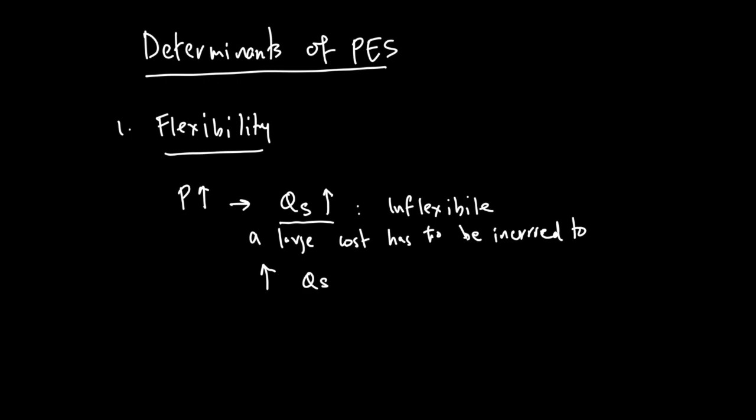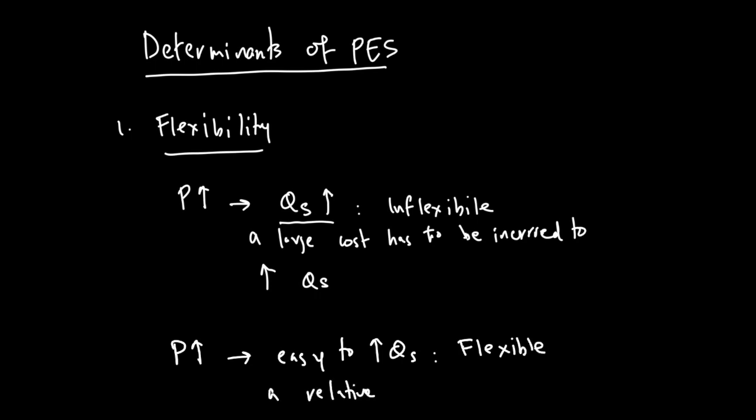On the other hand, if I am increasing price and it's easy to increase quantity supplied, then I am flexible, and that would mean a relatively small rise in cost will take place.